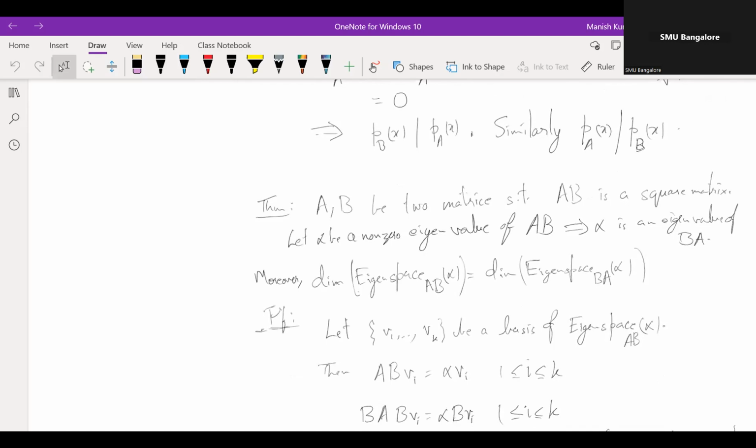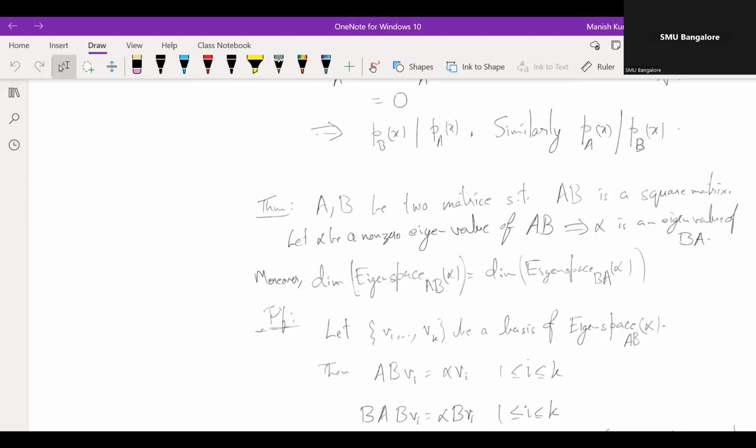So let's say alpha is an eigenvalue of AB, and let V1 to Vk be a basis of the eigenspace of alpha for the matrix AB. Okay. So what does that mean? It means that ABVi is equal to alpha Vi for all i between 1 to k, and V1 to Vk is linearly independent.